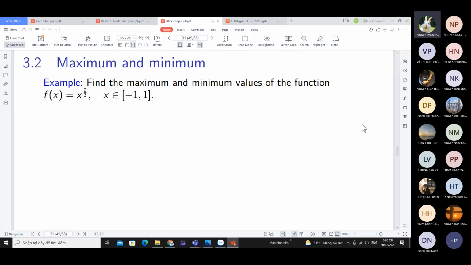Okay, look again. This time we find the maximum value and minimum value of the function f of x given by x to the 2 over 3 on the closed interval minus 1 and 1.